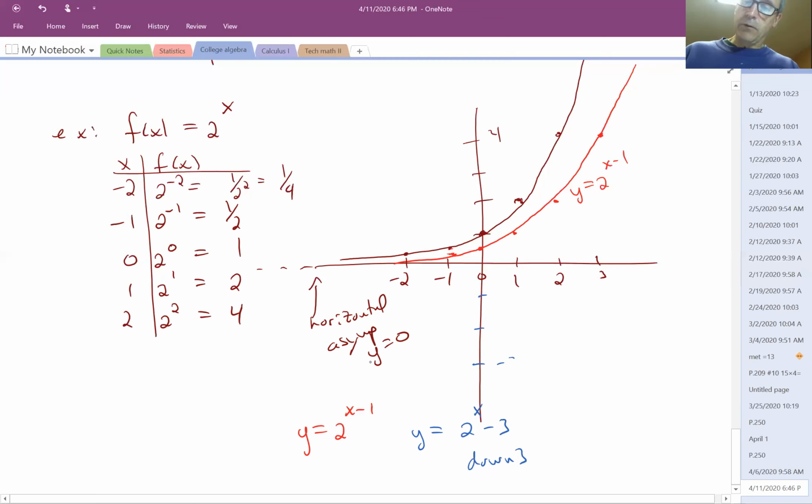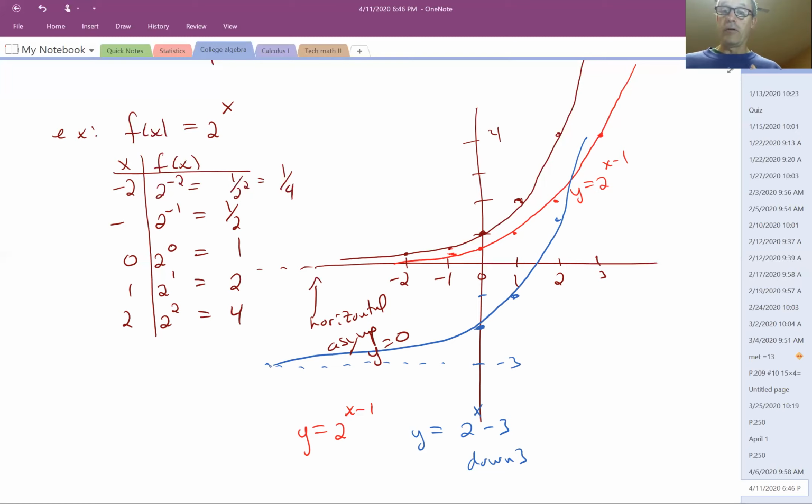So out here, it's going to go here. Everything's going to go down 3. It's going to look like that. All those properties that we learned about reflecting, shifting, it all applies on this section. So look out for it, okay?